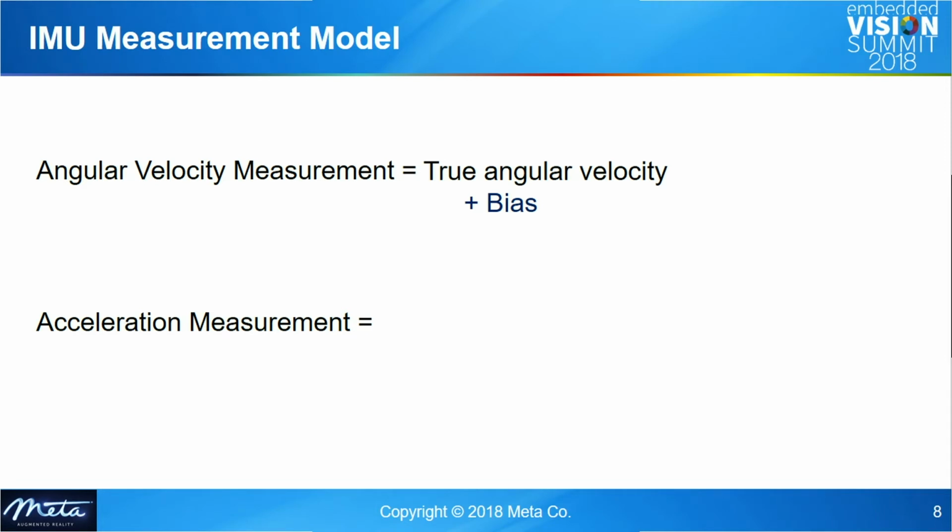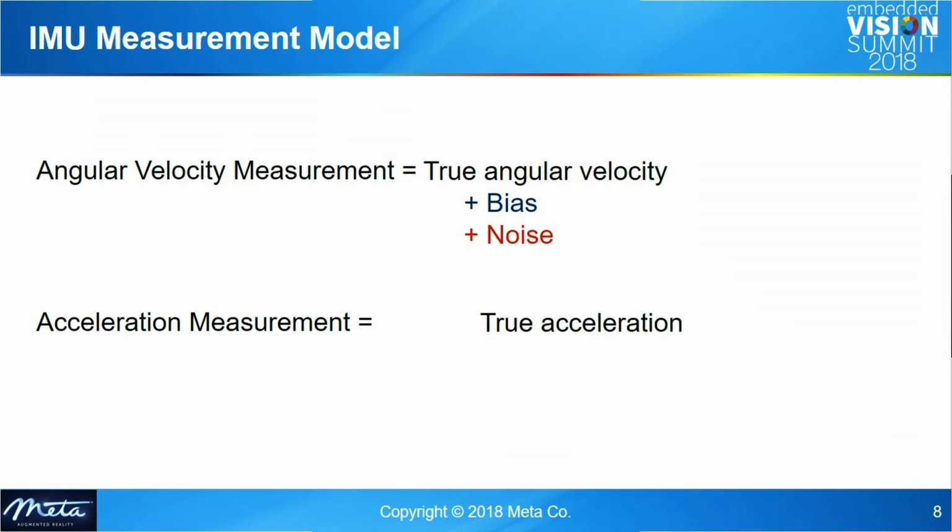So there is some bias that the sensor has. And to make matters worse, the bias typically is temperature dependent. We will be able to calibrate for it, and a bit more on that in a moment. But the important point is that even with zero angular velocity, we get a non-zero reading. And then there is noise on top of the bias. So this is what we get for the angular velocity from the gyroscope.